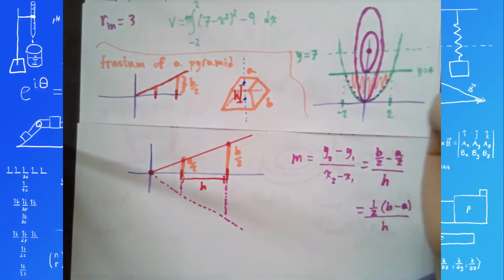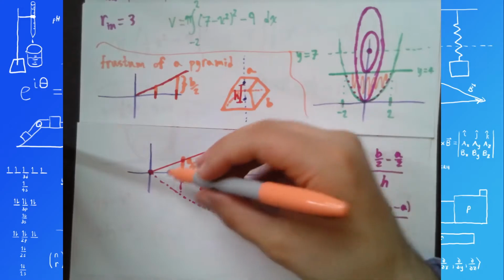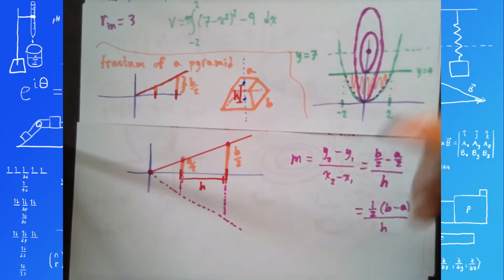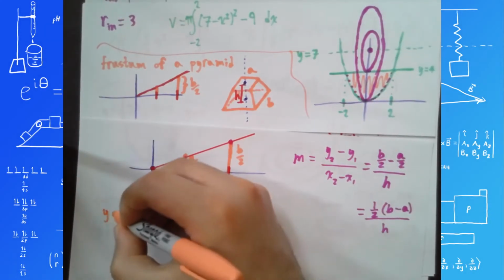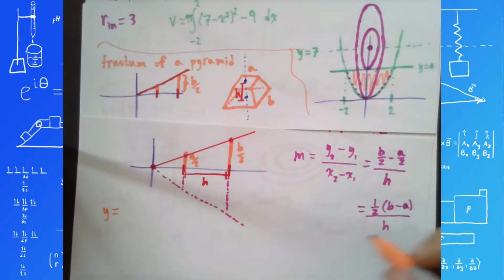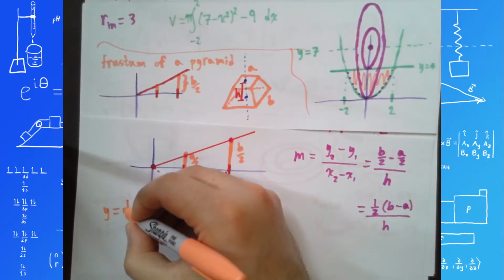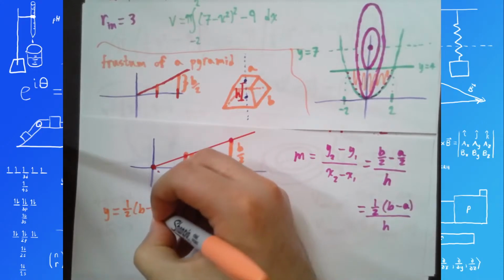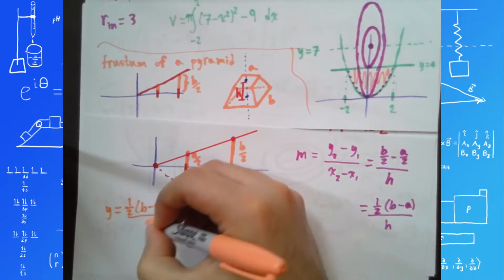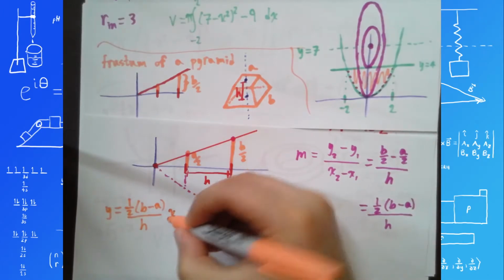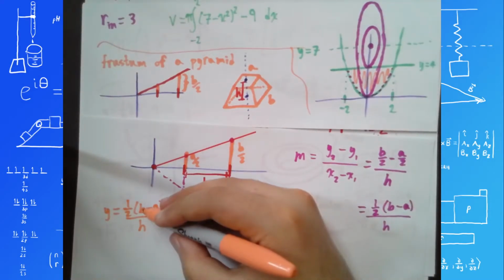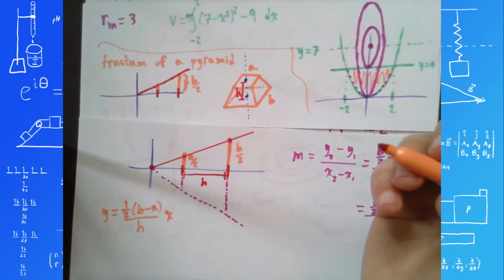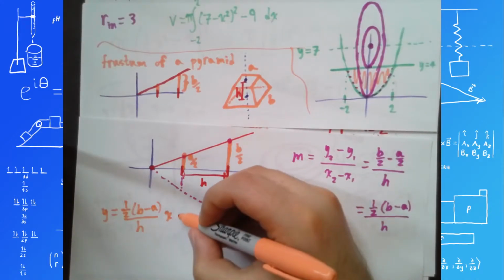Okay, so if I write my full equation of this red line, the y-intercept is 0, so y equals mx plus b, y equals 1/2 (B minus A) over h times x plus b, where, not this B of course, but the b from the linear equation formula, the intercept is 0.